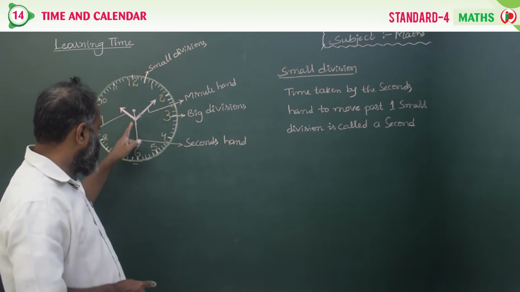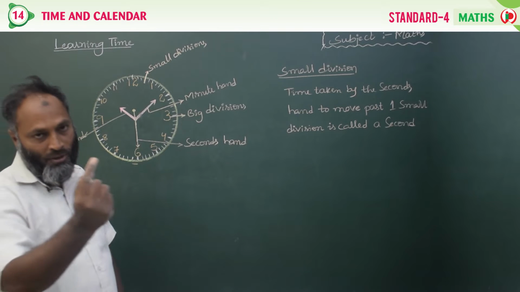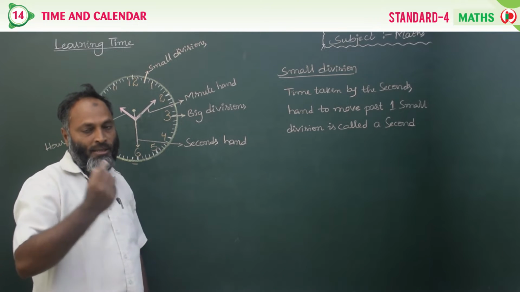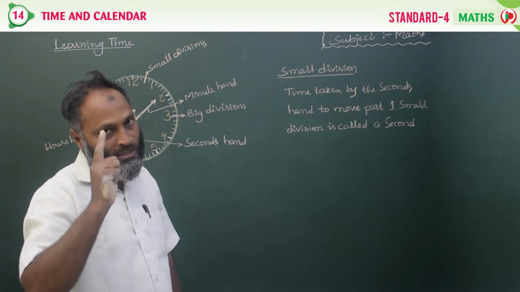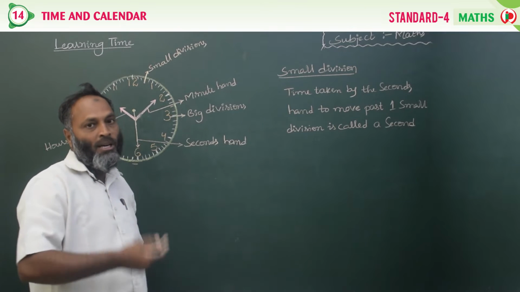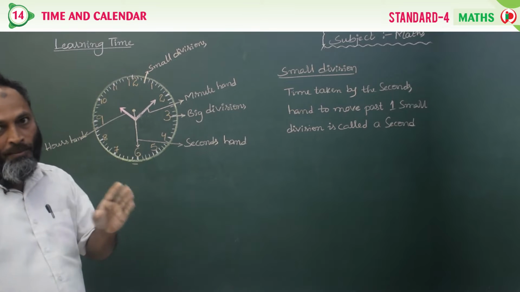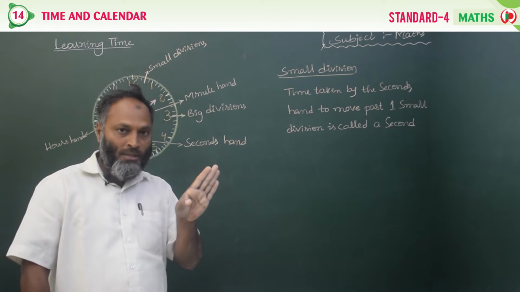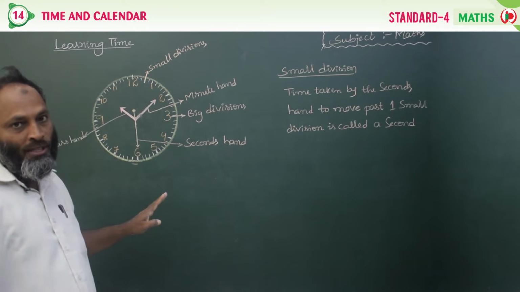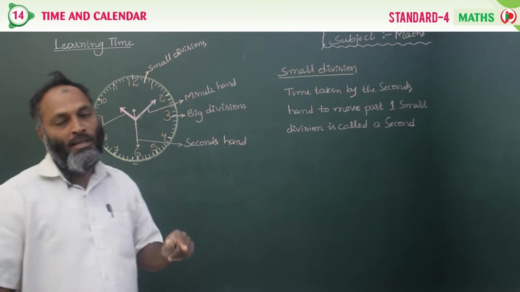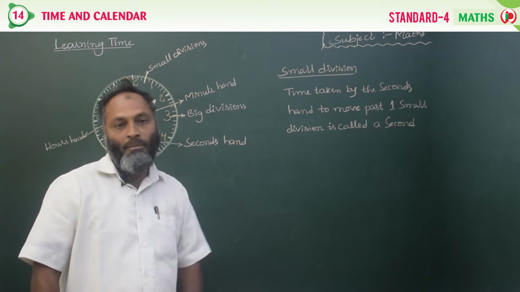So what is 1 second? If the second hand moves one small division, then 1 second has passed.